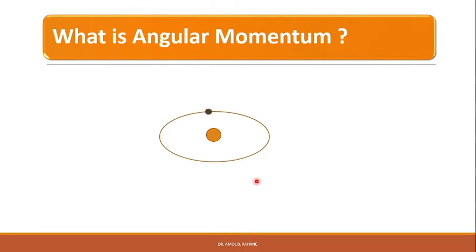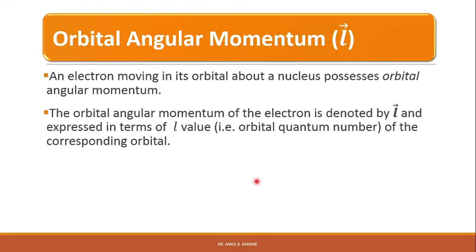An electron moving in its orbital about a nucleus possesses orbital angular momentum. The orbital angular momentum of the electron is denoted by L vector and expressed in terms of l value, that is the orbital quantum number of the corresponding orbital.